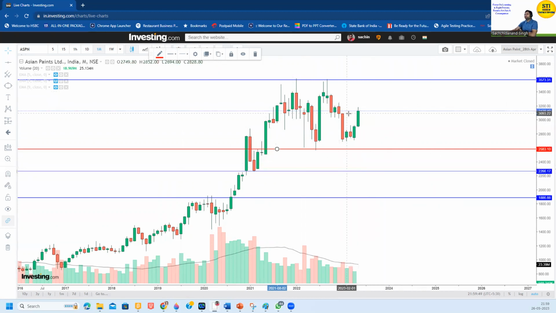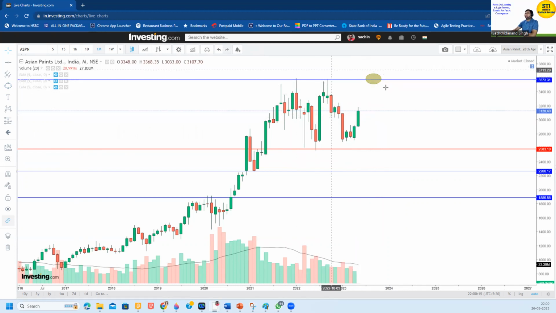Suppose at any point of time the stock price breaks in an upward direction, somewhere here. If it breaks the all-time high or the resistance line, it is named a breakout.